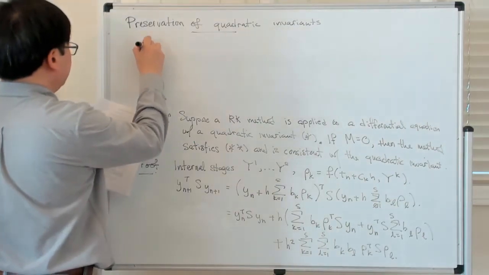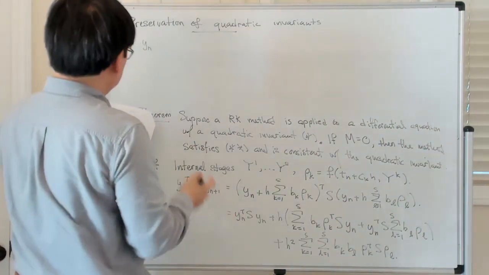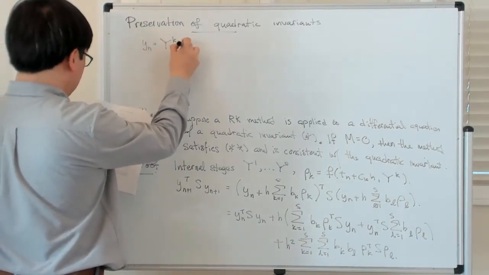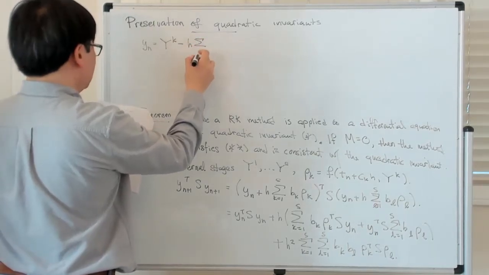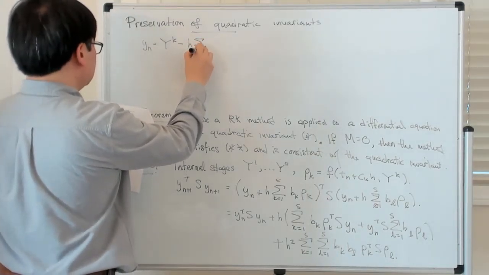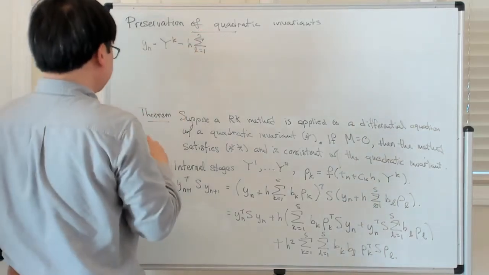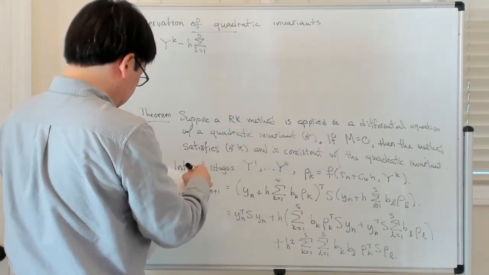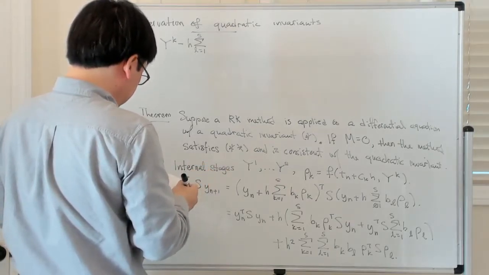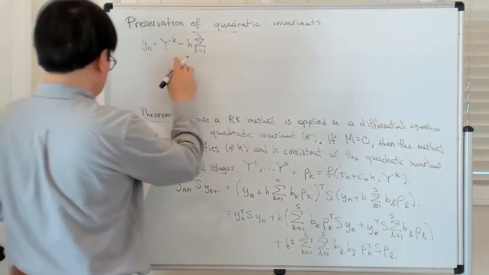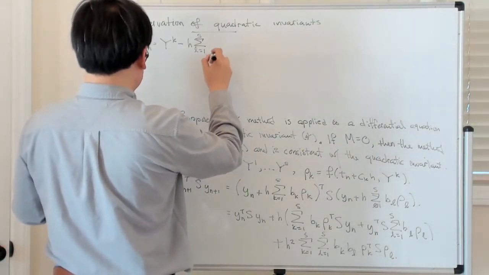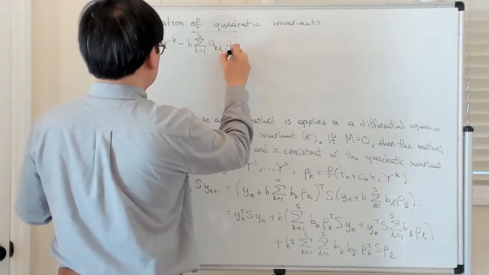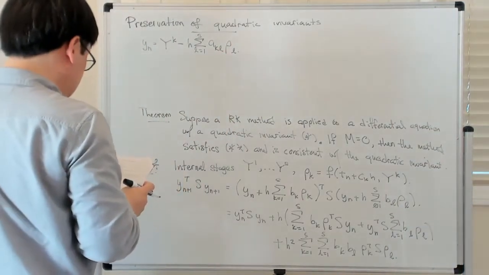Then you can rewrite the Runge-Kutta method in the following way: y_n is equal to y_k minus h times the sum from l equals 1 to s of a_kl rho_l.